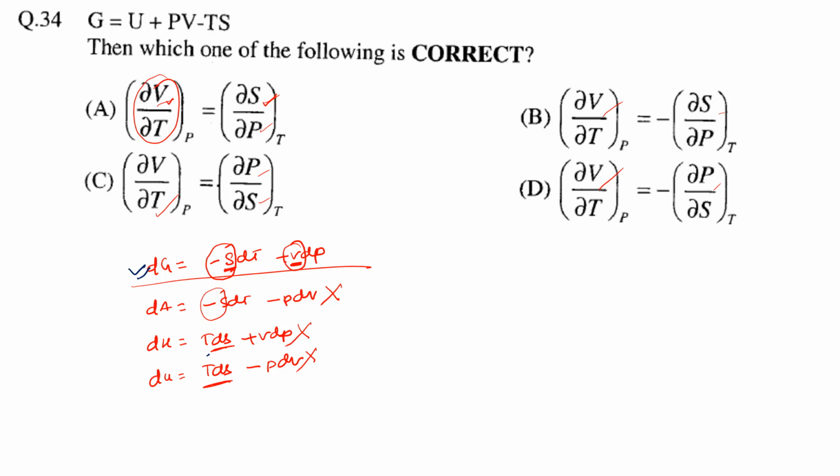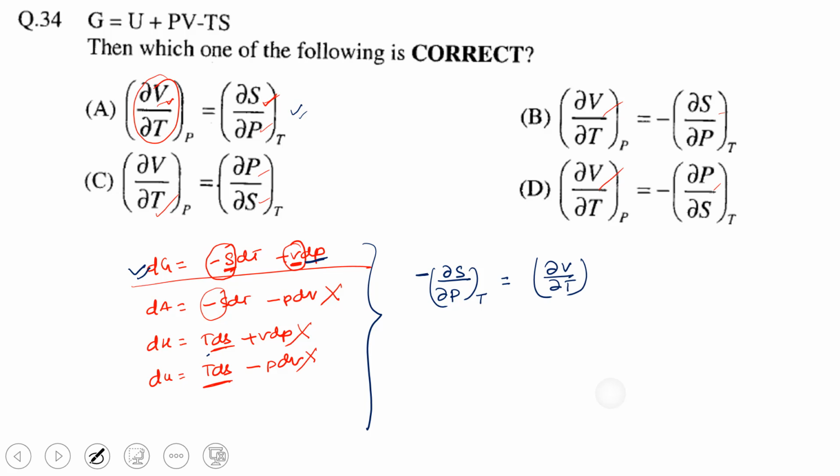Okay, so how do we proceed for this differential? We can proceed like minus delta S by delta P, we will have to differentiate with delta P, at constant temperature, equal to delta V by delta T at constant P. Okay, so this matches with equation A or B. Yes, it matches with B. Okay, there is a minus sign.